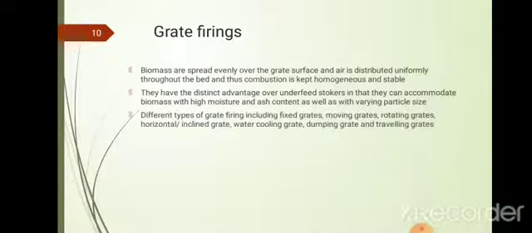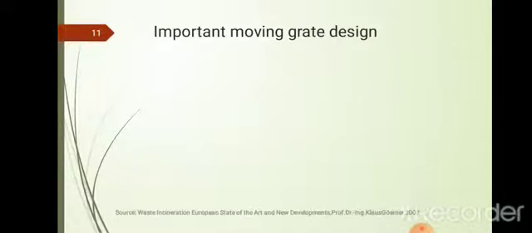And here we have a lot of different types of grate firings according to the design. We have fixed grate, we have moving grates, and moving grates also have different classifications like rotating, reciprocating, roller type, etc.